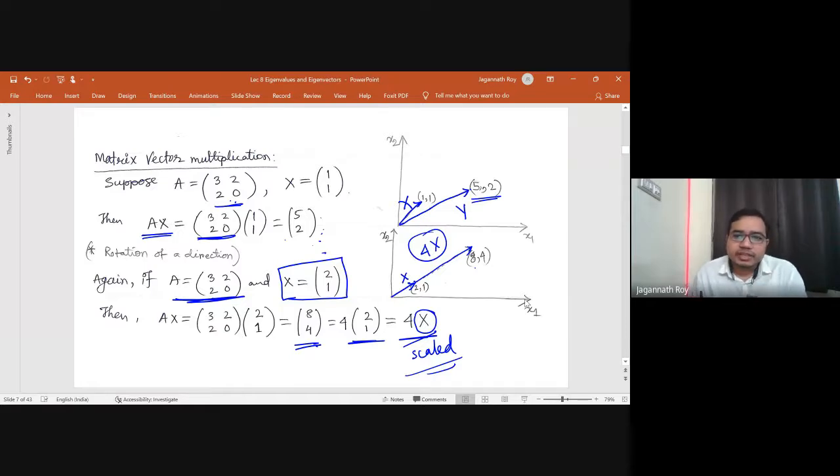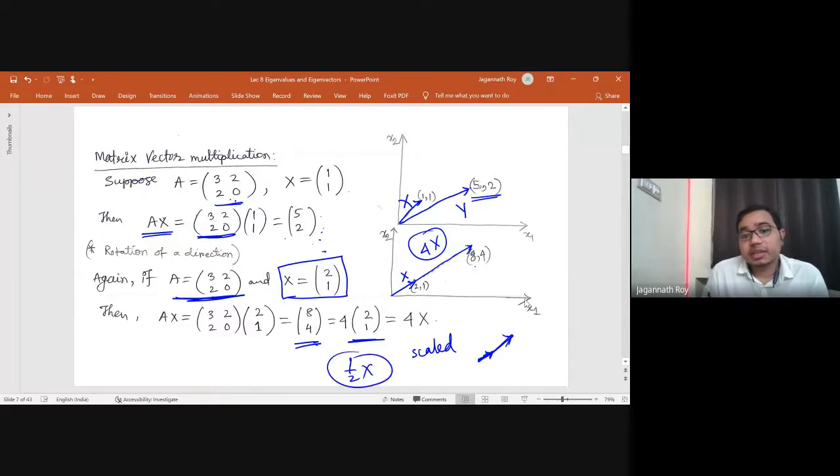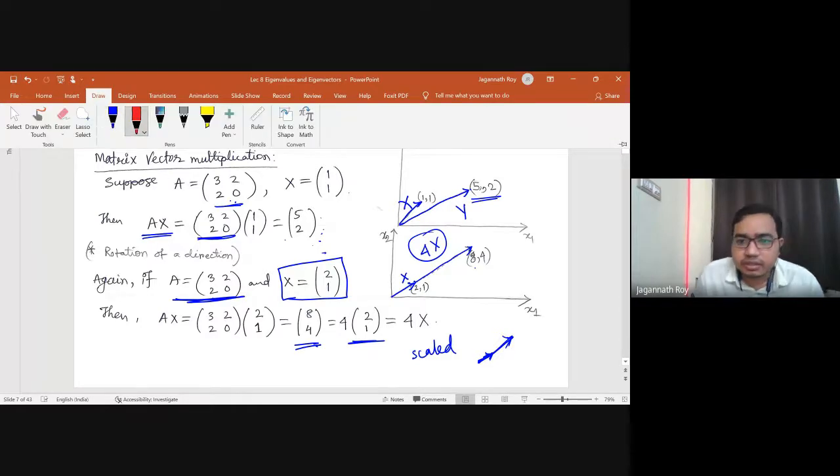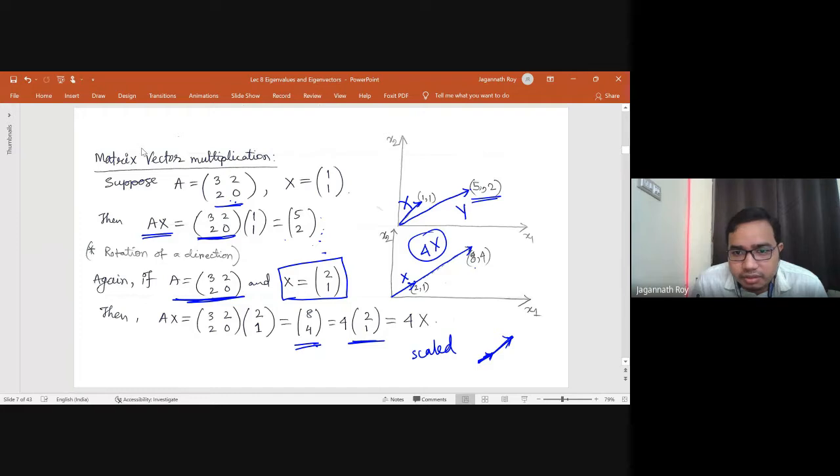Our aim is to get scaling in the same direction. When we call it scaling, if the vector is magnified in the same direction, we call it scaling. It can also be half x, in which case the vector will be reduced.